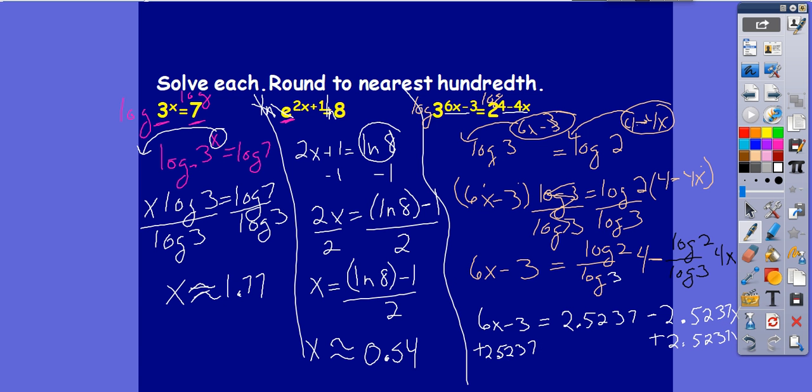And then I'm going to add my 3 to both sides. 8.5237x equals 5.5237, sorry, and then divide that by the 8.5237, and then I get x is approximately 0.65.